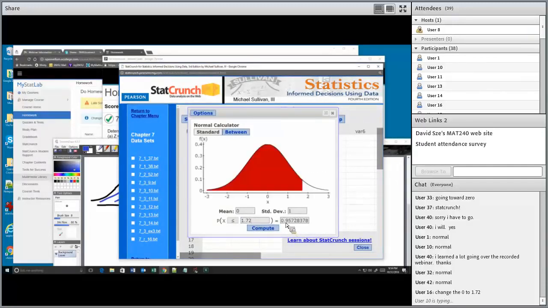Look at this. It calculates the probability, and not only that, it actually draws it out for you. You see this? It drew the diagram, showing the area under the region that it calculated for you as well.